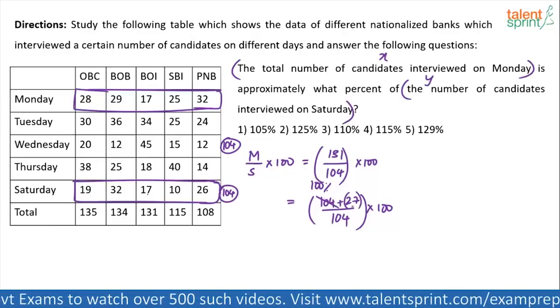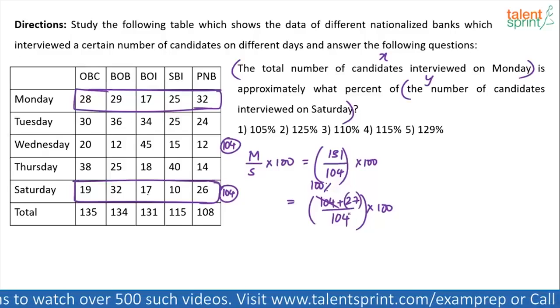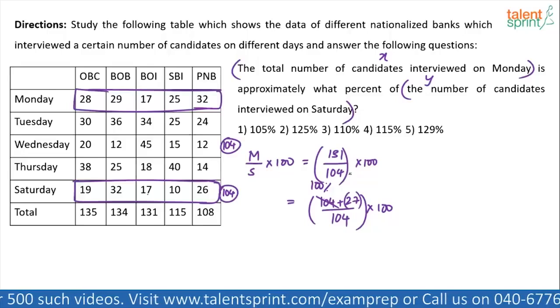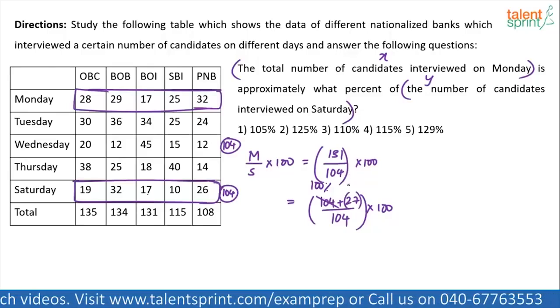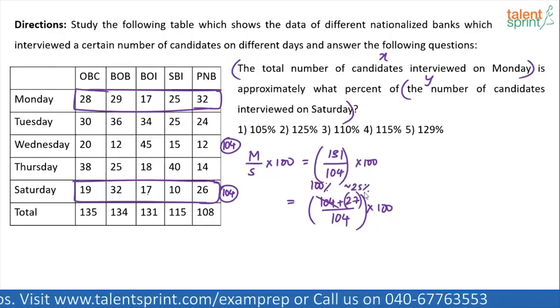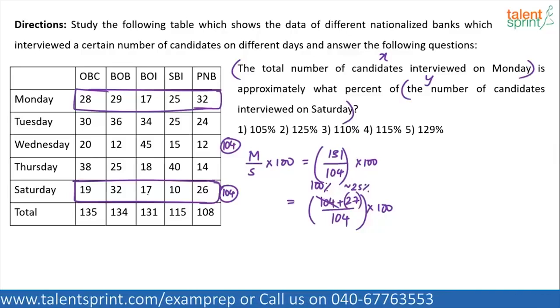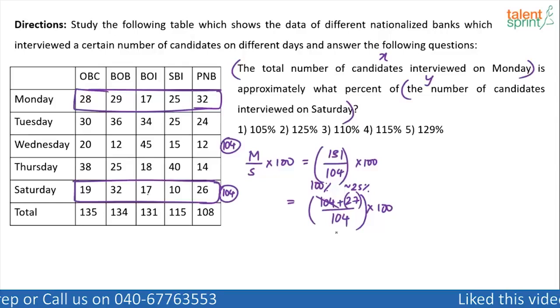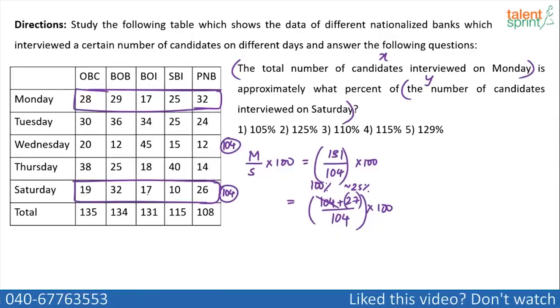Sorry, not exactly 25%. 27 into 4 is 108. So roughly about 25%. Yes or no? It will be less than 25%. Approximately 25%. 27 by 108 is exactly 25%, but 27 by 104 will be around 25%, a little more than 25% actually.